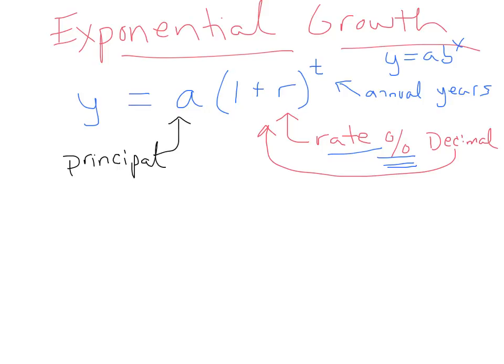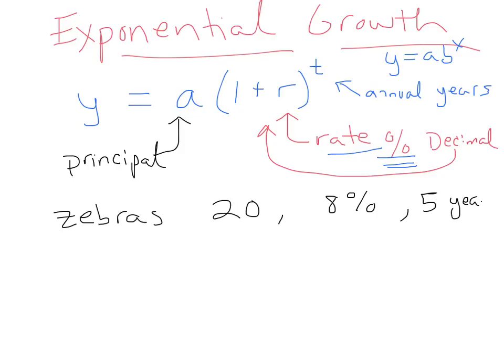So, an example of a question like this, like I said, let's go with the zebras. You've got 20 zebras that live in a house in Florida, and they're growing at 8% a year. Okay. How many zebras will you have at the end of, I don't know, 5 years? Good question.